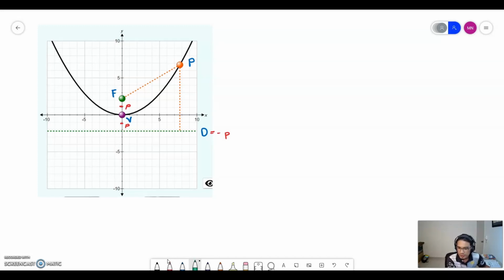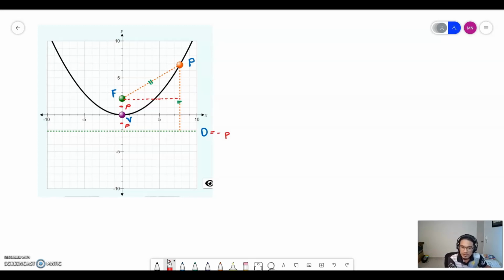We also know that the distance between the focus and any point on the locus of the parabola is the same as the distance from the point P to the directrix. Now we want to create a right angle triangle from F to this orange dotted line.